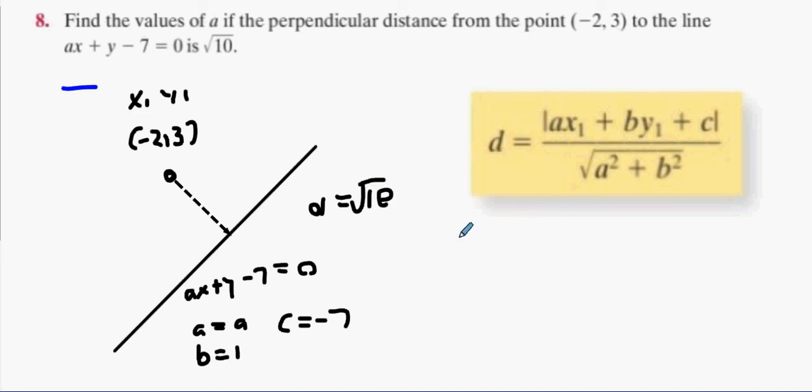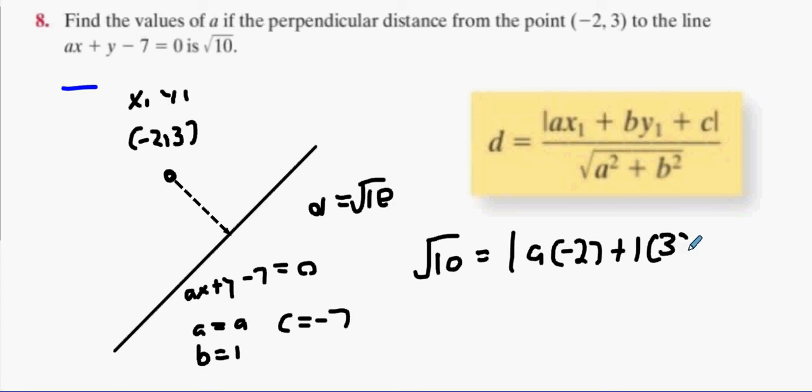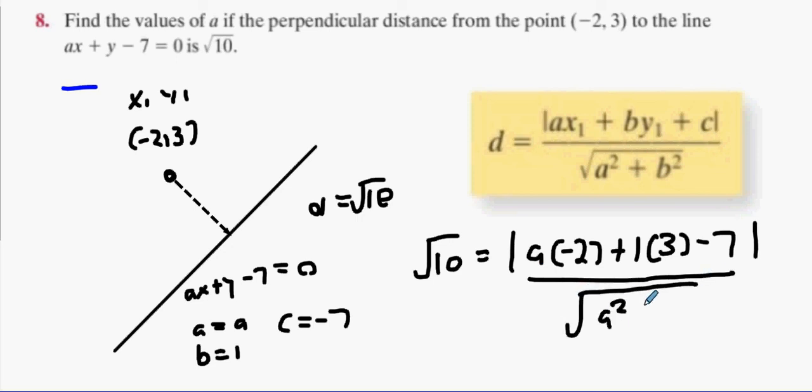d gets replaced with root 10, a stays as a, x1 gets replaced with minus 2, b gets replaced with 1, y1 gets replaced with 3, c gets replaced with minus 7. Underneath we have to square it up: a squared plus 1 squared.